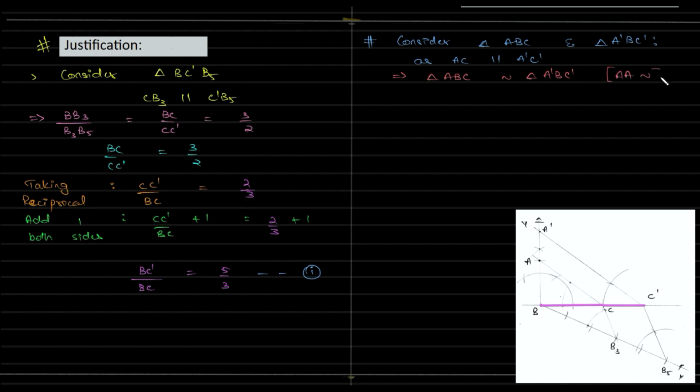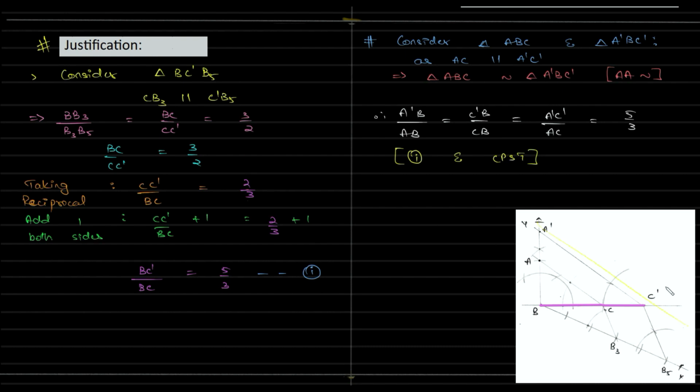By AA similarity criteria. And with this in mind, therefore A dash B by AB will be equal to C dash B by CB. That would be equal to A dash C dash by AC. And this entire thing is equal to 5/3. This is as per the first and CPCT, corresponding parts of similar triangles.